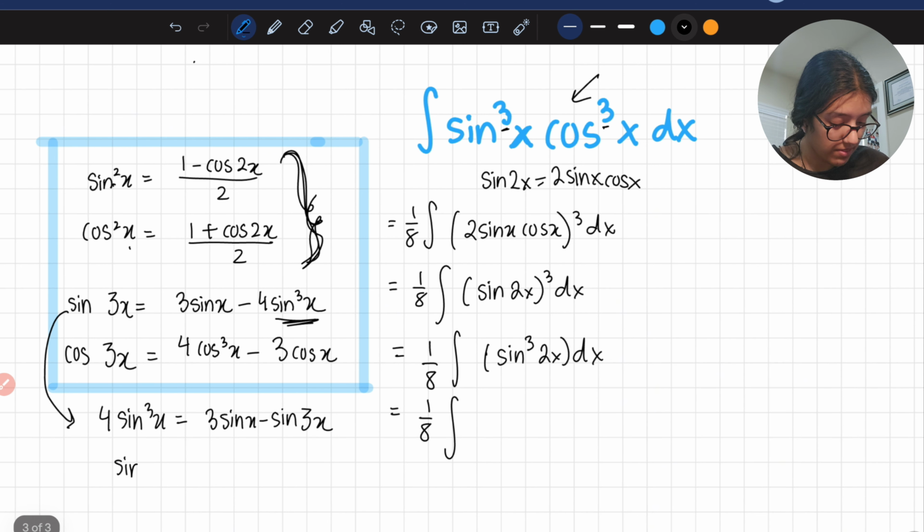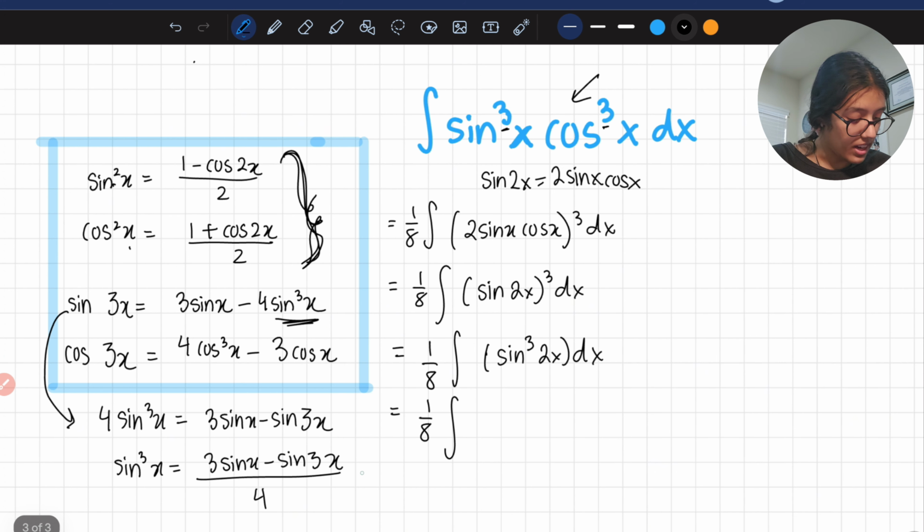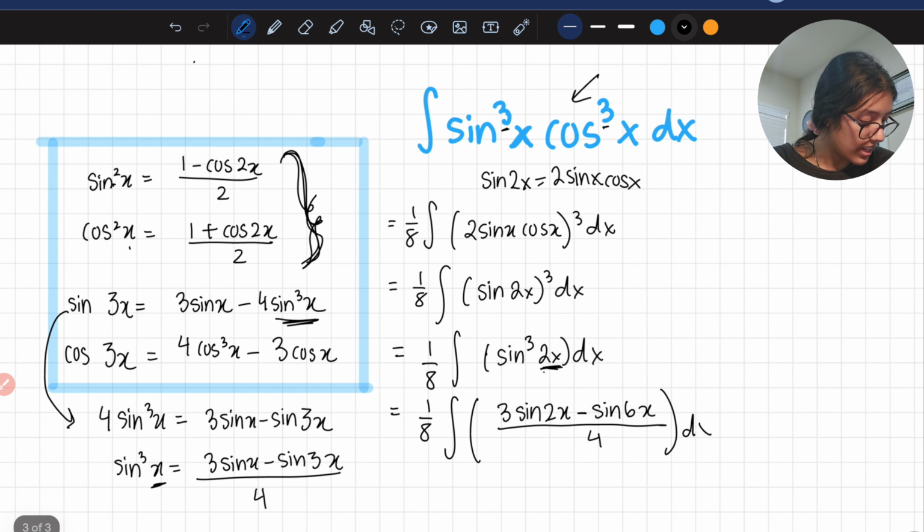I'm going to divide everything by 4: 3 sine x minus sine 3x over 4. Now I'm going to replace that in here, being mindful of this 2x and this x. So I'm going to rewrite it as 3 sine 2x minus sine 6x over 4 dx.